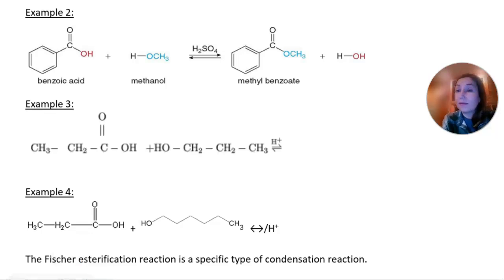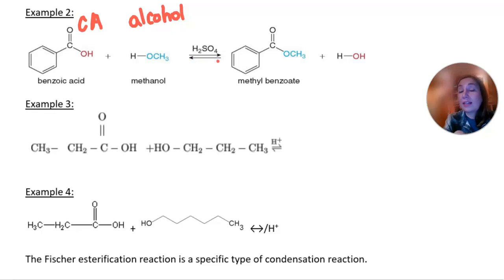We've got our second favorite, benzoic acid, a benzene ring bonded to a C double bonded to an O with an OH. And then we've got methanol, which is just CH3OH, but we've got it written HOCH3, so it's written with its OH right next to benzoic acid's COOH. Let's recognize that we have our carboxylic acid here reacting with an alcohol.